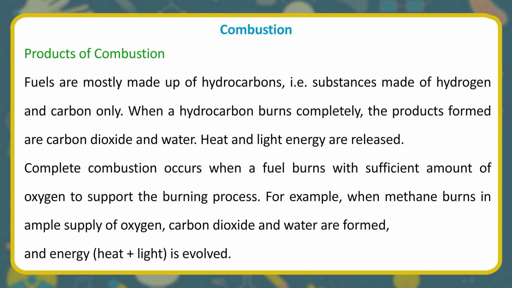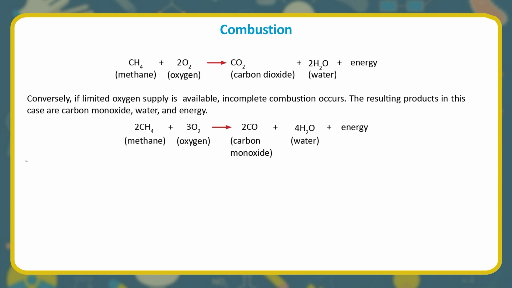For example, when methane burns in ample supply of oxygen, carbon dioxide and water are formed, and energy, heat plus light, is evolved. CH4 methane plus 2O2 oxygen, CO2 carbon dioxide plus 2H2O water plus energy.